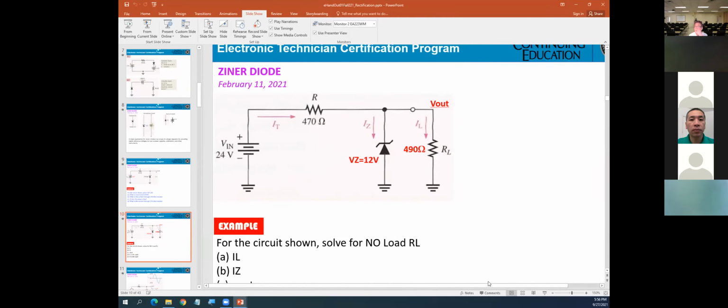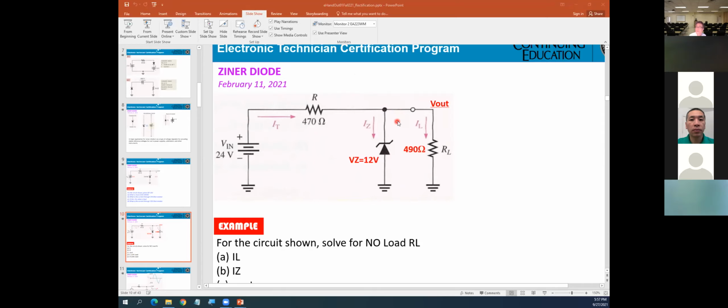This is an example. Last time we already did it. When you see the circuitry with the Zener diode, first thing is, this Zener voltage is 12 volts. So any voltage higher than 12 at this point will be cut down to 12.